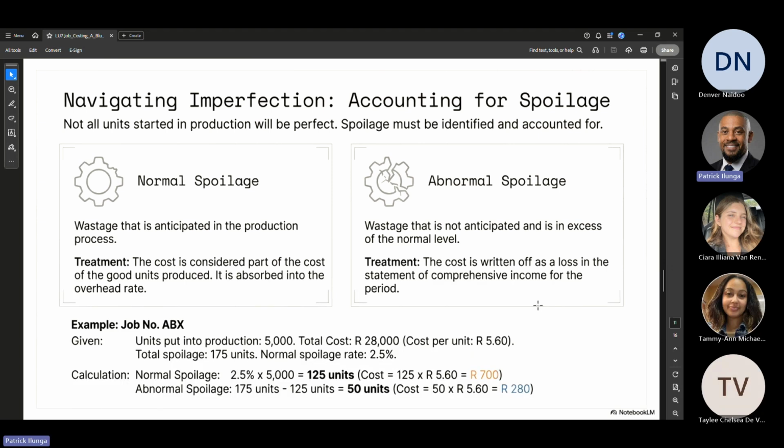We know that we do sometimes get one or two things wrong here and there, and so we would take that spoilage cost into account, right? But there is abnormal spoilage that is not anticipated. This is in excess of the normal spoilage. So you need to pay careful attention to this, right? Normal spoilage and abnormal spoilage, right?